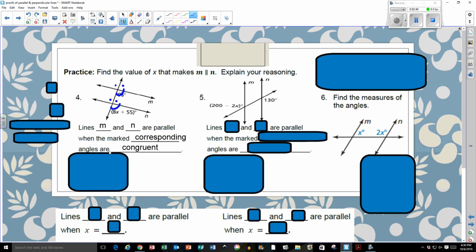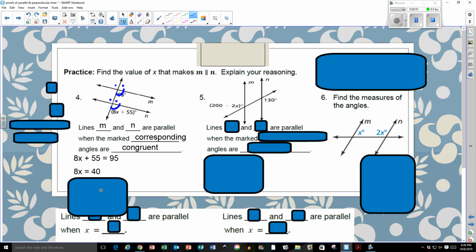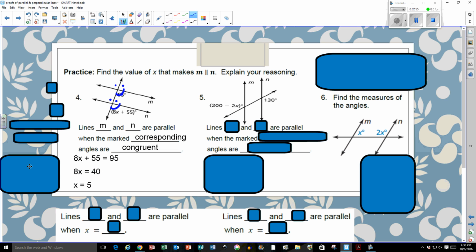So that means that 8x plus 55 is equal to 95 because corresponding angles are congruent. If I subtract 55 from both sides, I get 8x is equal to 40. And if I divide by 8, I get that x is 5. So M and N are parallel only when x is 5.